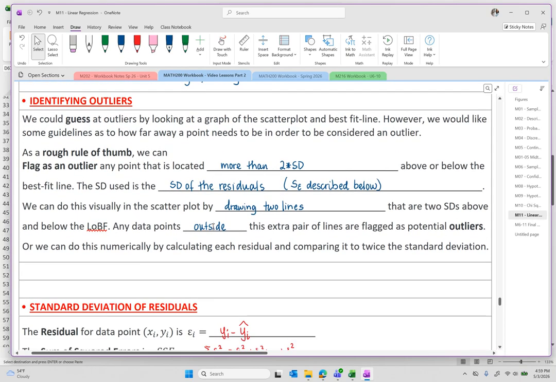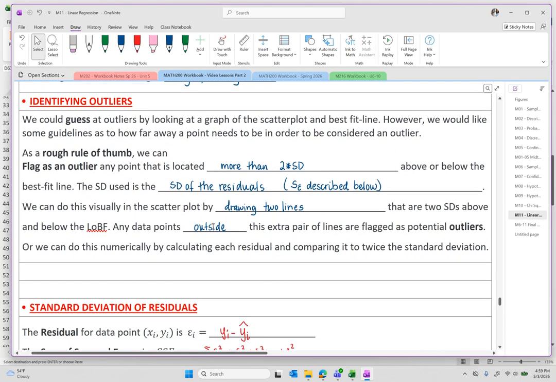How do we identify outliers that are not influential points but just outliers? We could guess just by looking at the graph and seeing something that lies too far from the line, or numerically we can use the 2 standard deviation rule of thumb and flag as an outlier any point that is located at a vertical distance more than 2 standard deviations above or below the best fit line.